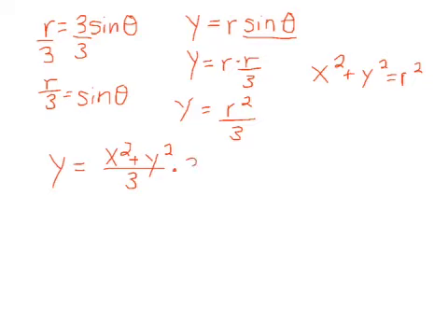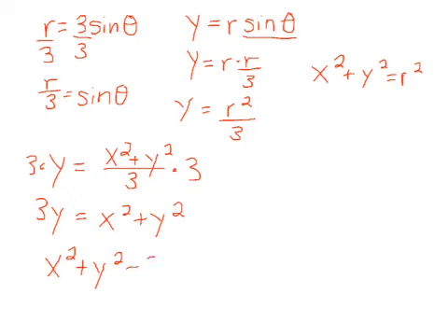So I'm going to multiply both sides by 3. So I have 3y equals x squared plus y squared. And then to make this look more rectangular, I'm just going to set everything equal to 0. So x squared plus y squared minus 3y equals 0. And that is my rectangular equation for r equals 3 sine theta.